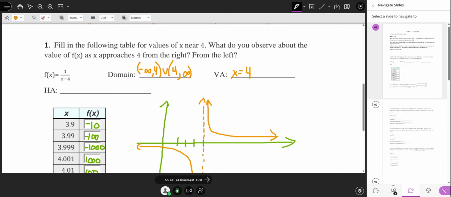Now, the degree in the top is 0 because all you have is a constant in the top. The degree in the bottom is a 1. So the degree in the denominator is bigger than the degree in the numerator. So your horizontal asymptote is y equals 0.